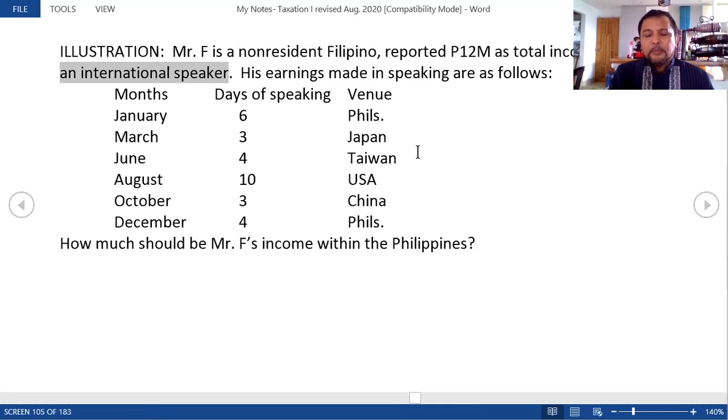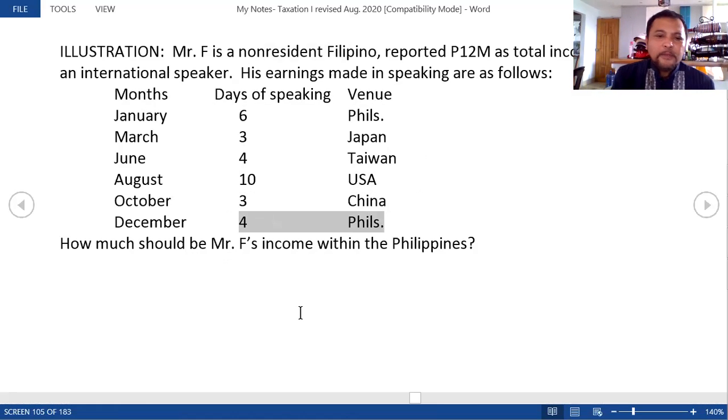In January, he spoke for 6 days in the Philippines. In March, he spoke for 3 days in Japan. In June, 4 days in Taiwan. In August, he was in the US for 10 days. In October, he was in China for 3 days. And back again in the Philippines in December for 4 days.